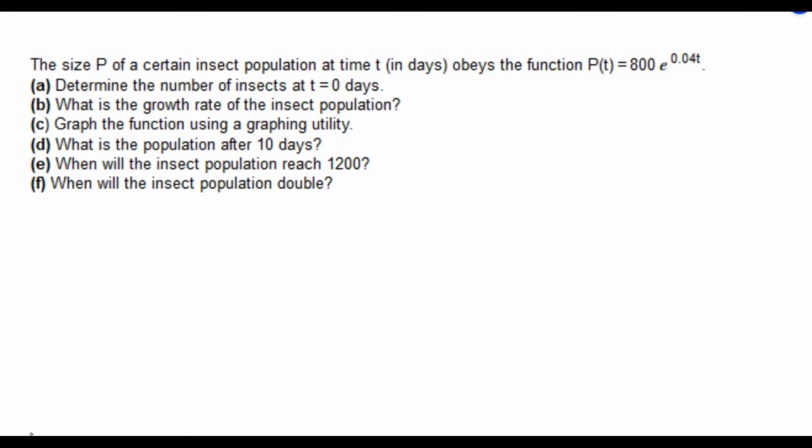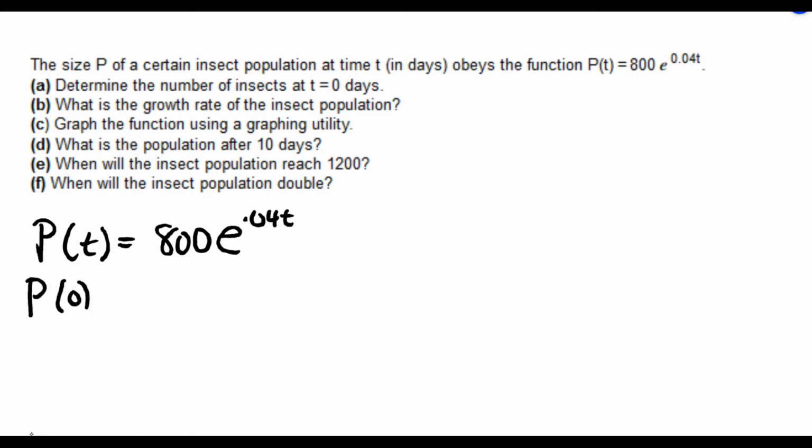At t equals 0 days, we're going to use our function p of t equals 800 e to the 0.04 t. If t is 0 for 0 days, we'll substitute a 0 in for time and get 800 e to the 0.04 times 0.